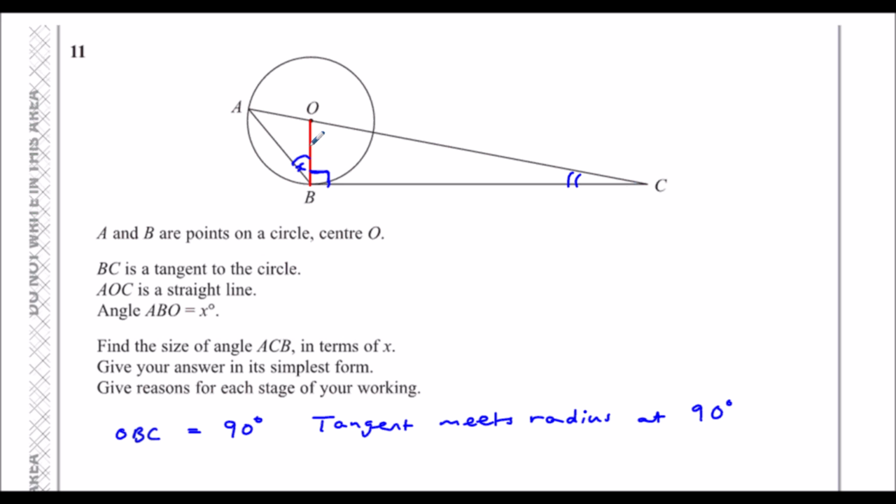So we've got AO and OB are both radii, so we've got an isosceles triangle here. The angles at the base of an isosceles triangle are equal. So OAB must also be X.